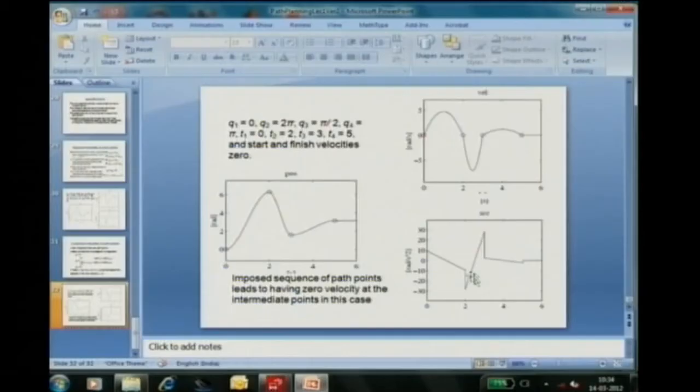What if you want to keep accelerations constant? Yes, that's a big question. Then we'll have to work on it a little bit more. Just to give you a hint, why do you have a discontinuity in this acceleration?